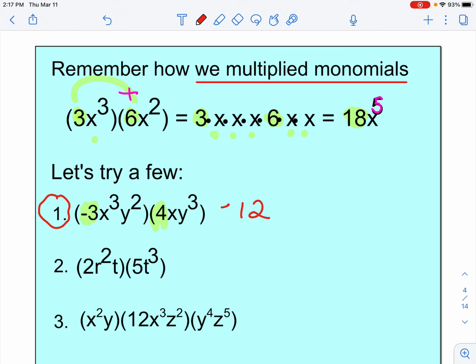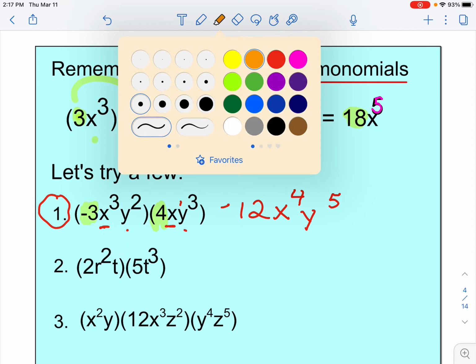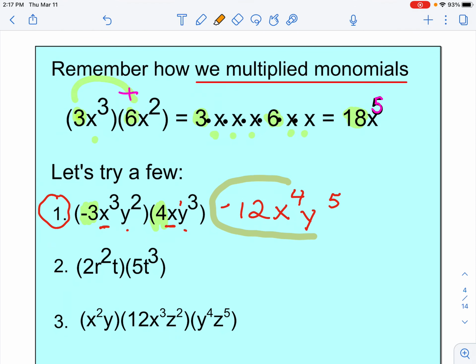But when we look at the x to the third right here, times x to the first, that's going to be x to the fourth, or 3 x's multiplied by 1 more is x to the fourth. And then we get y squared times y to the third, which would give us y to the 2 plus 3, or 5th power. So this is how these work. Right now, these were all multiplying just one term times one term.